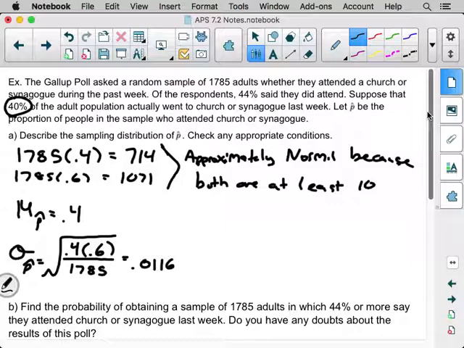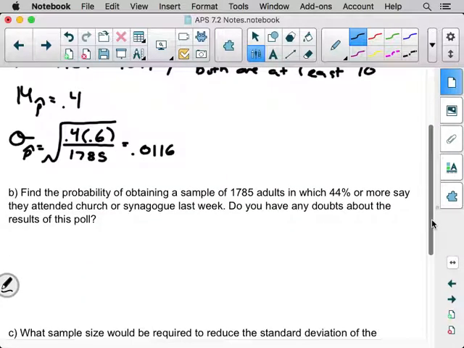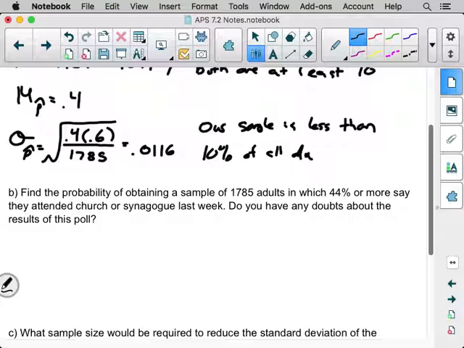Is that a reasonable assumption? In fact, isn't that basically a fact? Yeah. Our sample is less than 10% of all adults. Okay, you do need to reference in context what your sample was. And here our sample was honestly just adults.